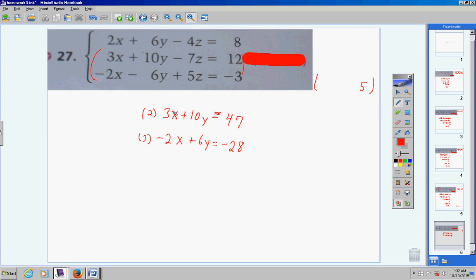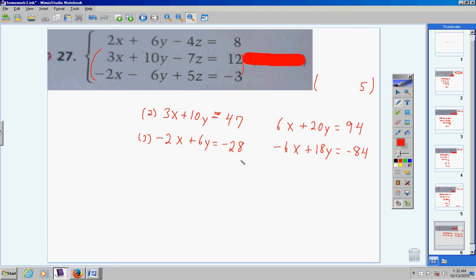That'll give me a positive 6 and a negative 6. So here we go. 6x, positive 20y equals 94. Negative 6x, positive 18y equals negative 84, I believe.